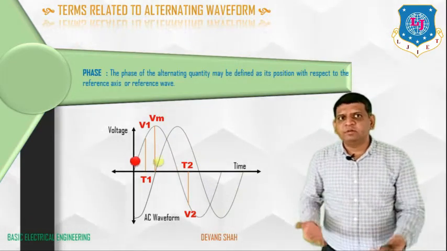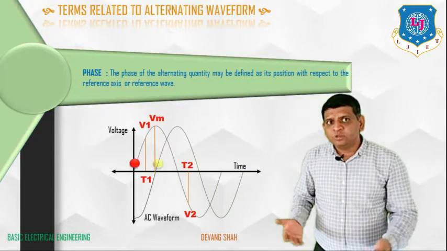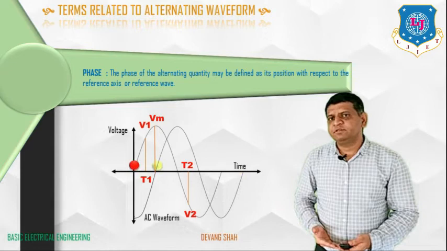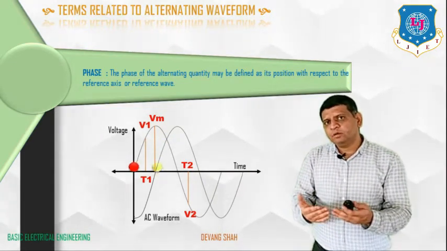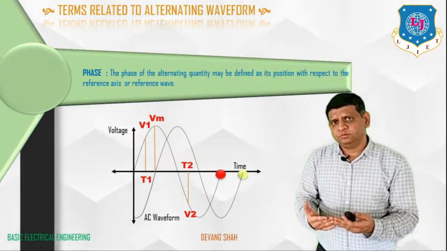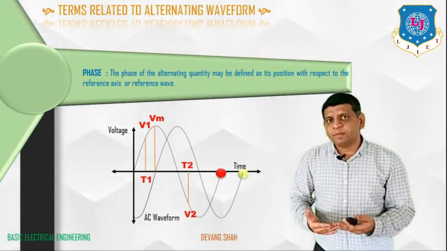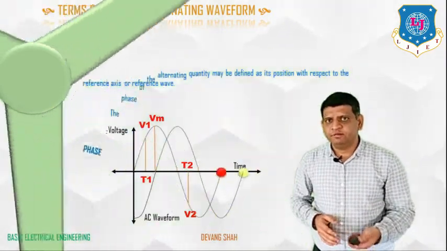So the phase of an alternating quantity may be defined as its position with respect to the reference axis or the reference wave, right? So here the conductor, the wire loop, which is changing position from angle 0 to 90, this is a kind of phase, right?